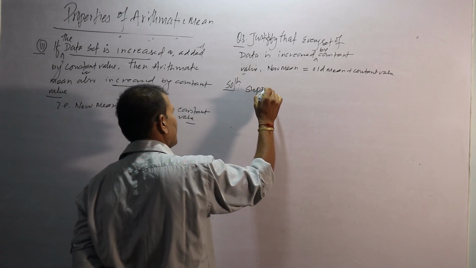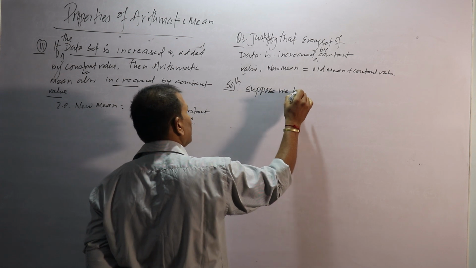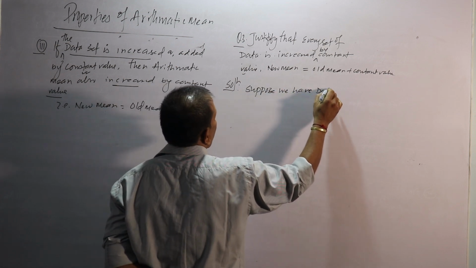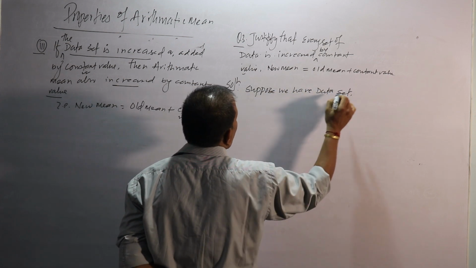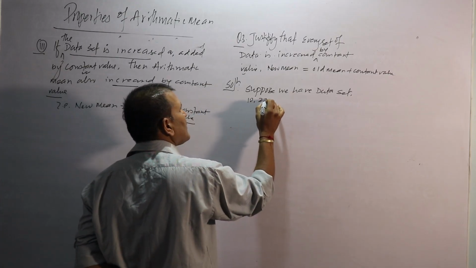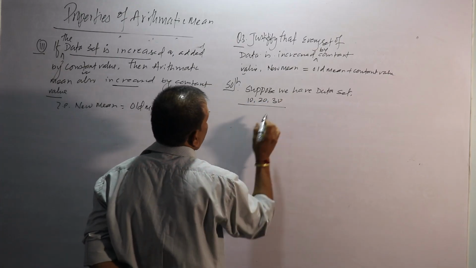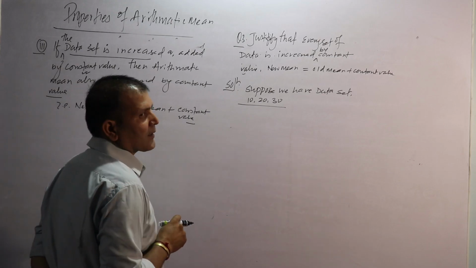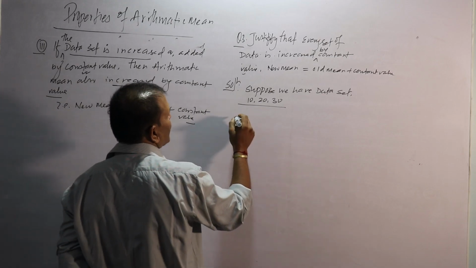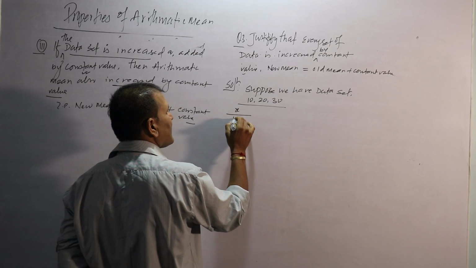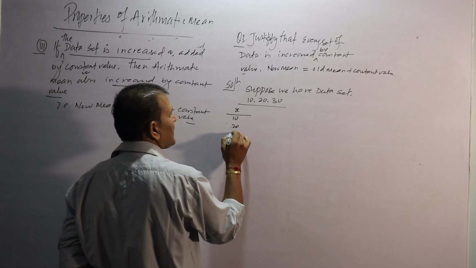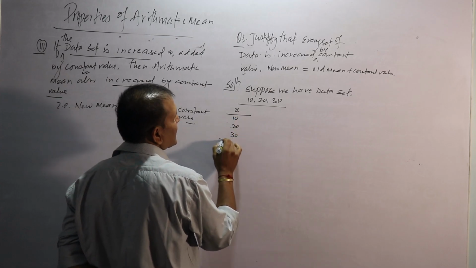Suppose we have a data set. Very simple, 10, 20, and 30. This is our data set. So, first the numbers x: 10, 20, and 30.